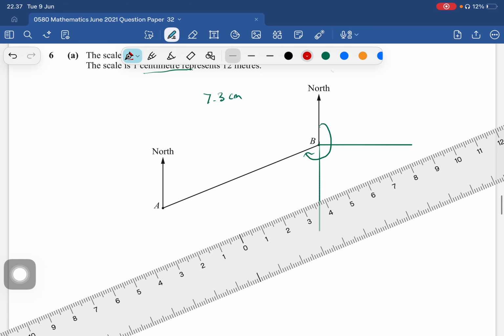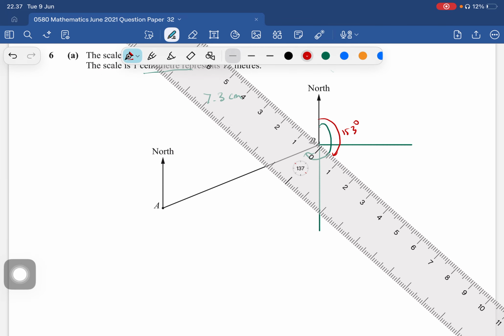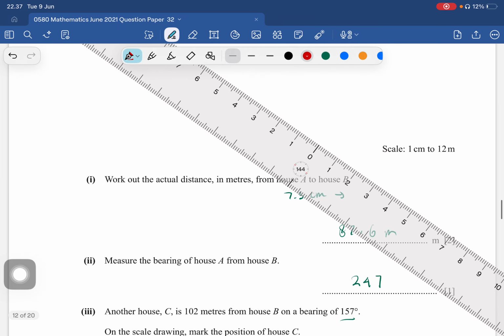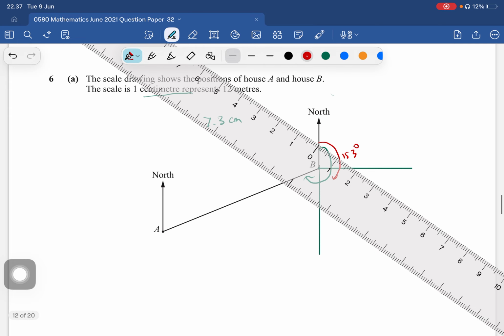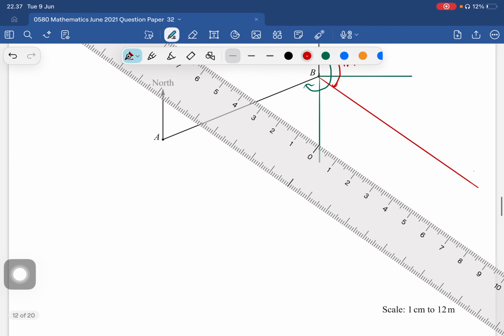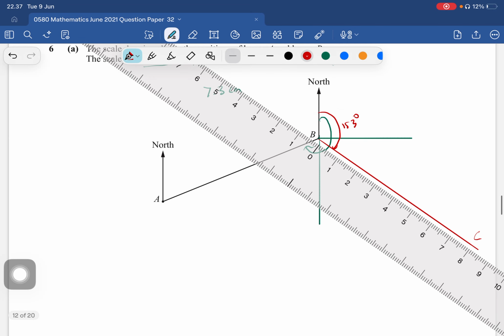I would say use a protractor. It is 153 degrees, so we can just draw the line 8.5 centimeters. Here it is, 8.5 centimeters. This is C, bearing 153 from B.